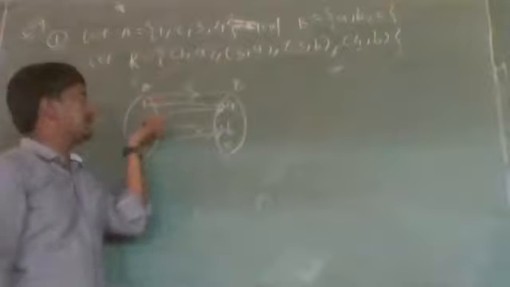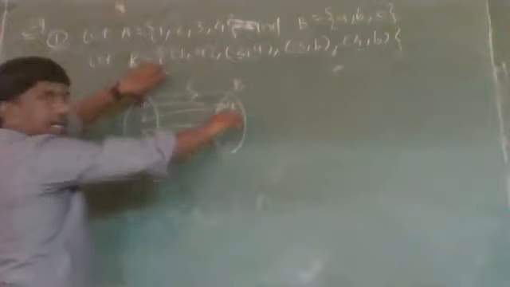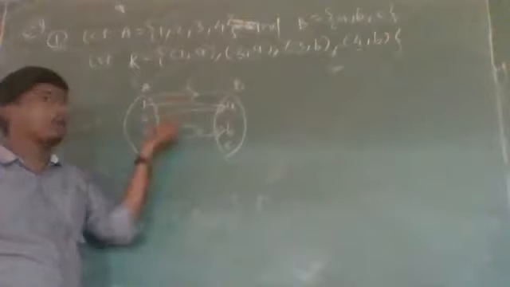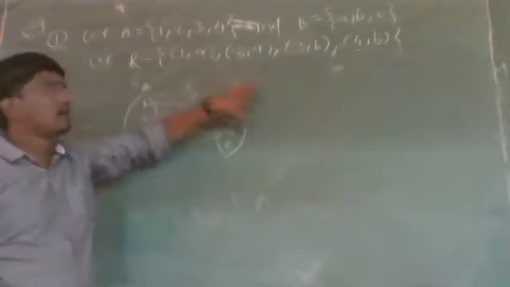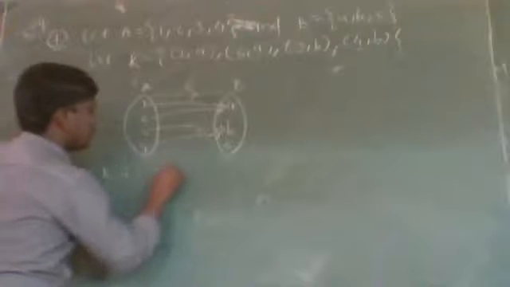That is, each element in A has a unique image in set B. Here, element 1 has the image A, that is a single image. 2, 3, 4 also have a unique image in set B. So here both the conditions of a function hold. Then by these two conditions we say that the corresponding set R is a function, which implies R is a function.